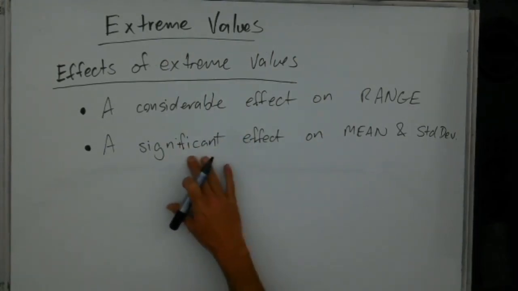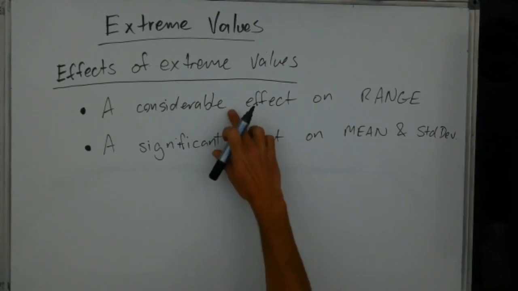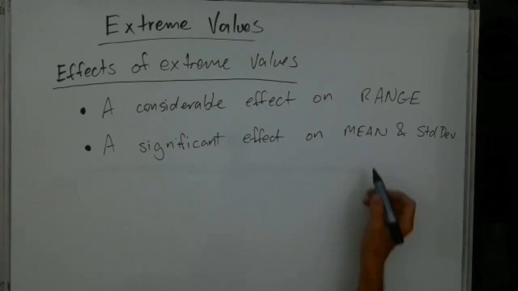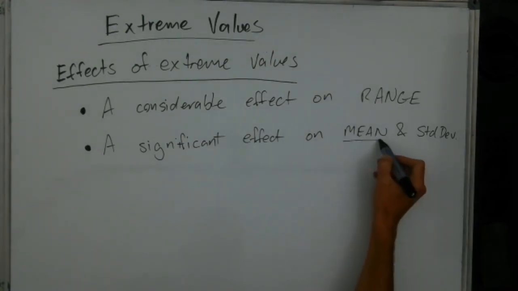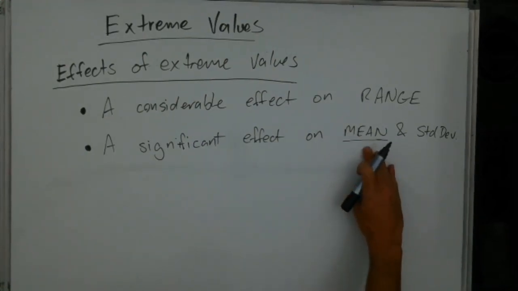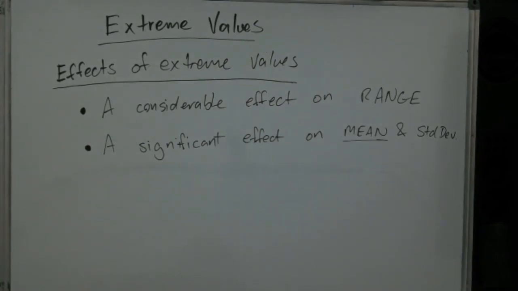Significant means it's sort of noticeable but probably not as huge an effect as on the range. But hopefully we'll see some examples where you will see how the mean changes when we have that one extra value.